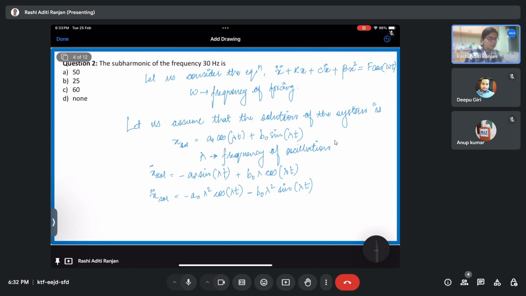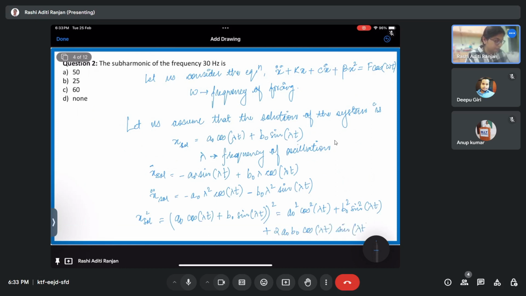X we already know; we want x square, and x all square will be nothing but a plus b whole square, which is a square plus b square plus twice ab.